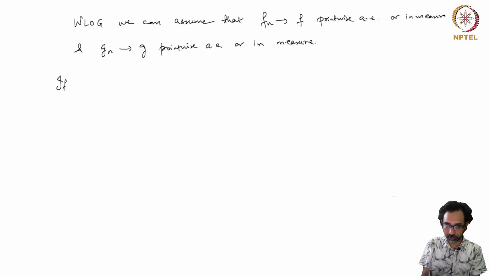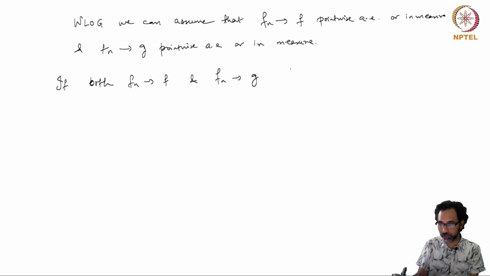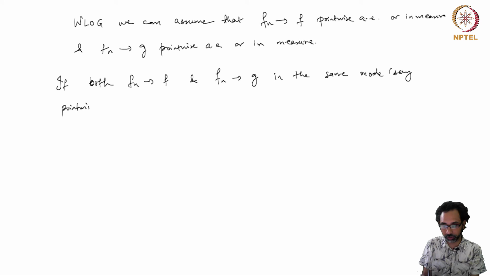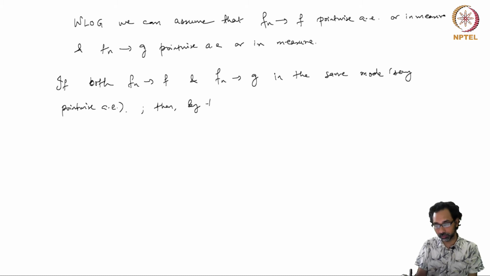Now if both Fn converge to F and Fn converges to G in the same mode, say pointwise almost everywhere, then by our previous lemma, we have that Fn minus Fn.